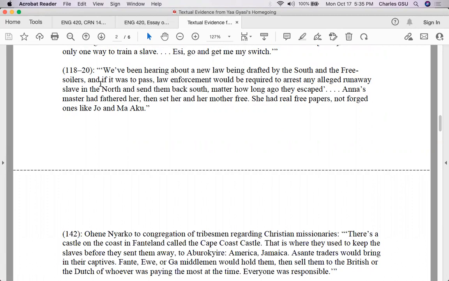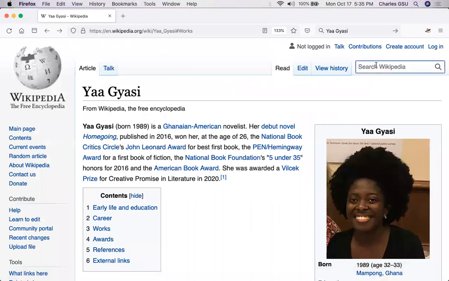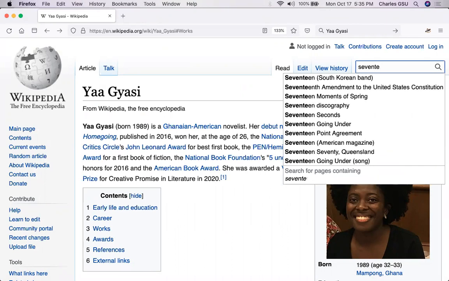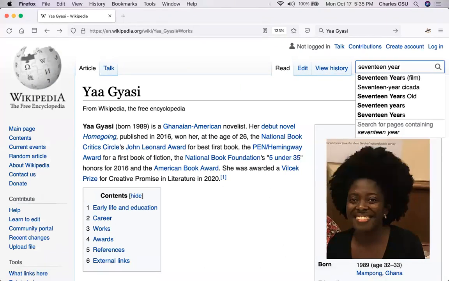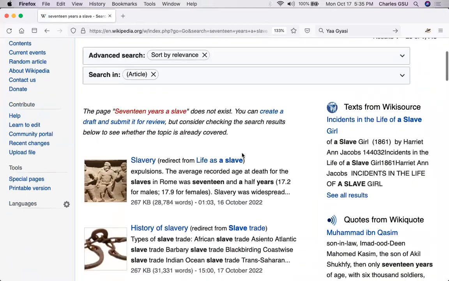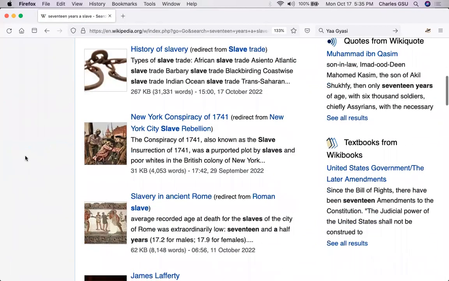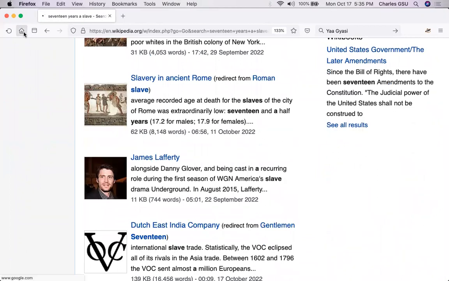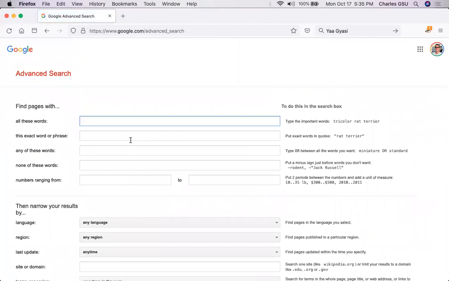And if you've ever read the account or seen the film, was it 17 Years a Slave? I'm getting that number wrong, of course. I'm going to kick myself for not knowing this.